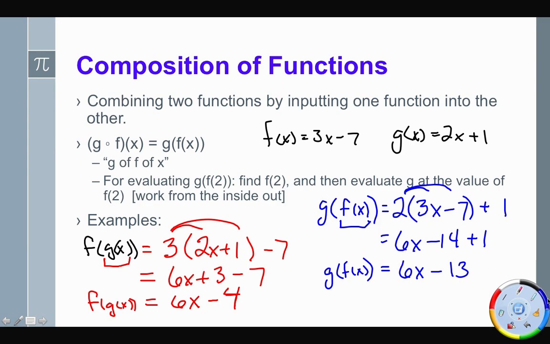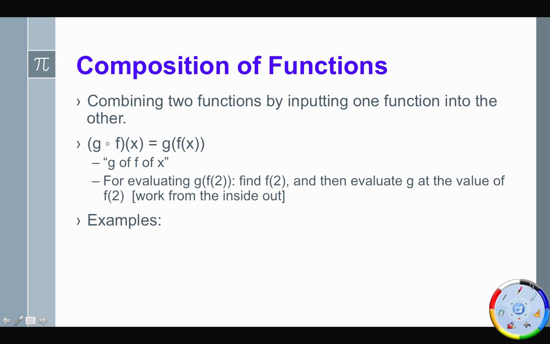All right, so I think I have given plenty of examples. There is one minor example that I want to put in that's not really part of the compositions, but it is something we do want to take care of. If we have the function f of x is equal to 3x minus 7, if I wanted to find 5 f of x, 5 f of x is really 5 times f of x.